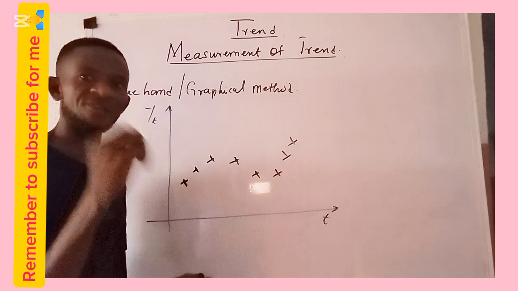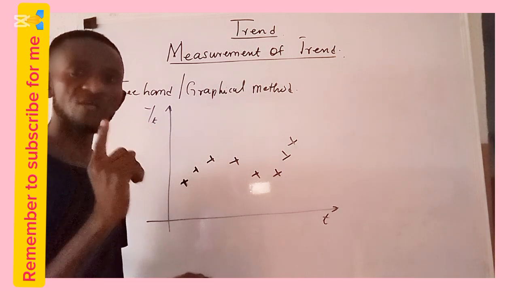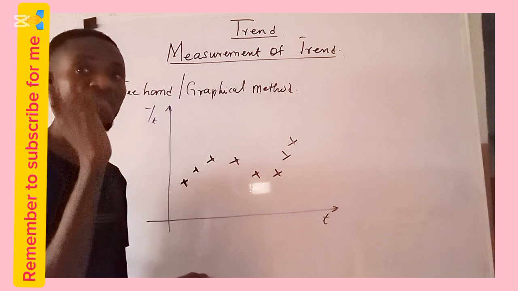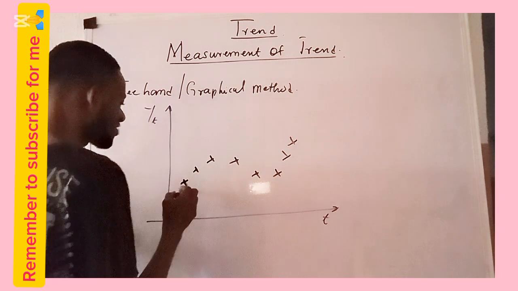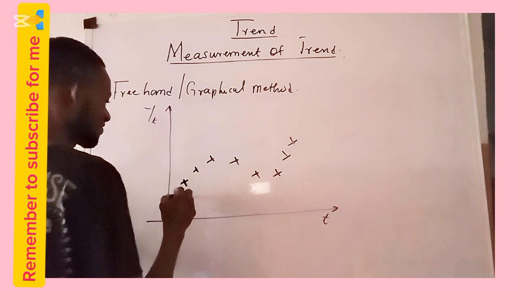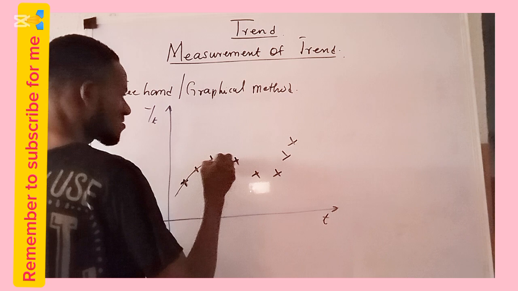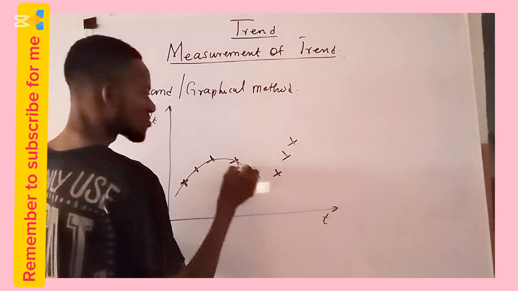The second step says, draw a smooth curve to join all the points already plotted. So you are going to draw a smooth curve that is going to join all these points. The curve goes this way, goes this way.